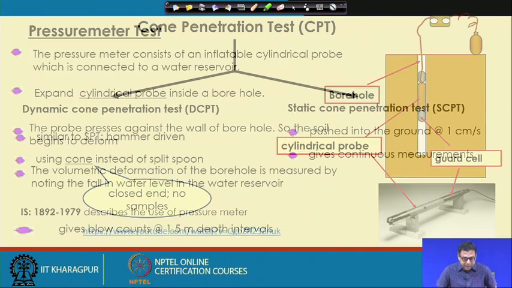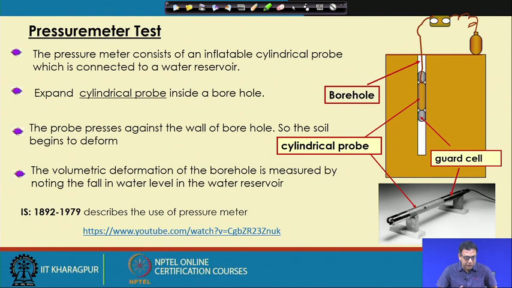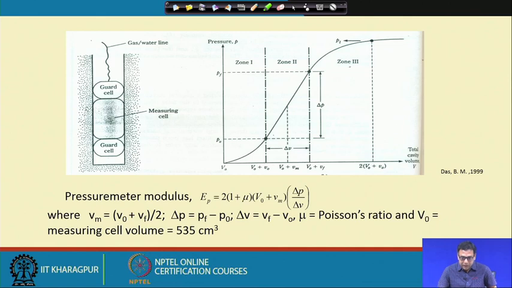Then the next one we discussed is the pressure meter test, where a cylindrical probe is inserted into the borehole and pressure is applied. With the application of pressure, the volume of the probe or the cavity increases, and that volume increase is measured. Ultimately we get a pressure versus volume curve, and from this curve we identify three different zones, and from them we get the P0, PF and PL values.